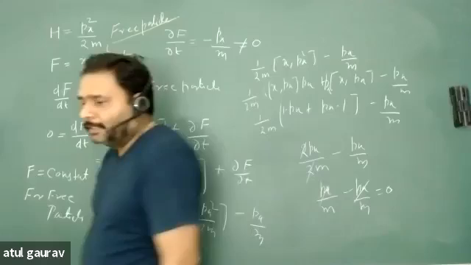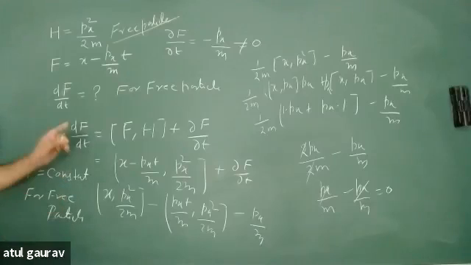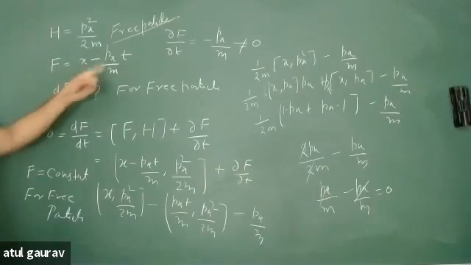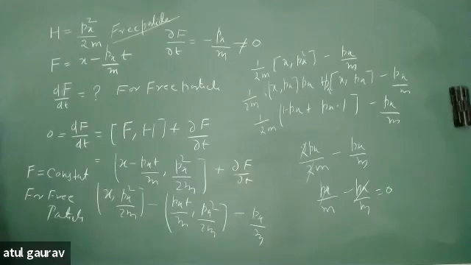If you have any doubt, you can just ask me. Let's try to identify what this particular conserved thing is, and what its physical meaning is. We will try to identify it, but before that, you must appreciate this mathematics. So, sir, f is any function acting on the system?